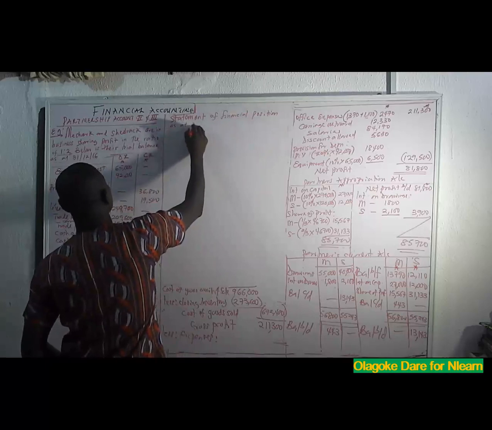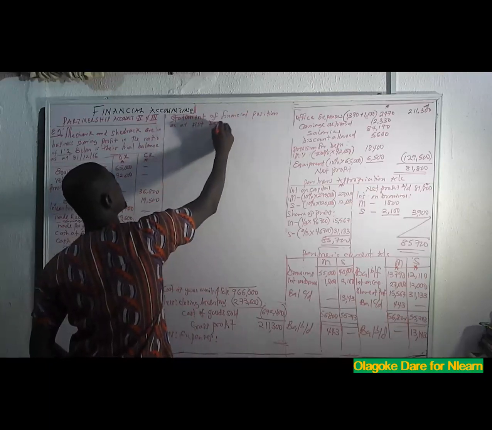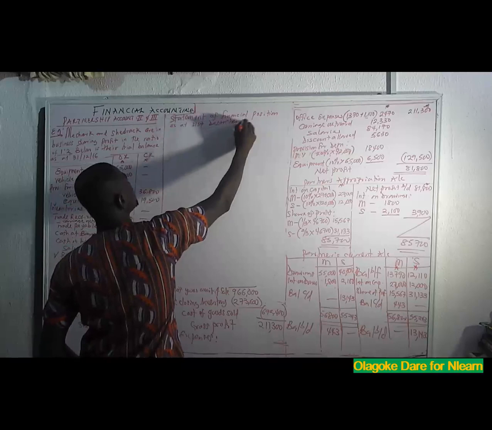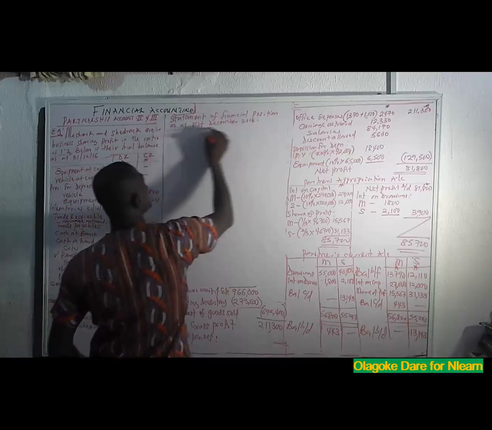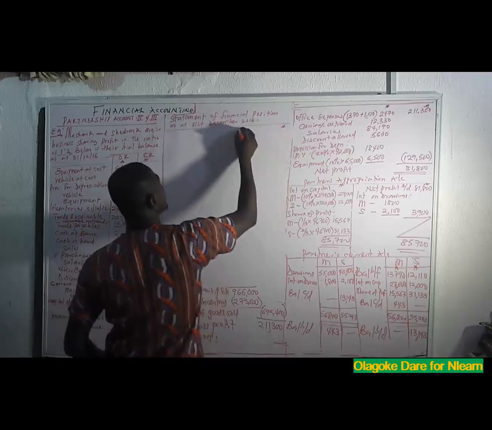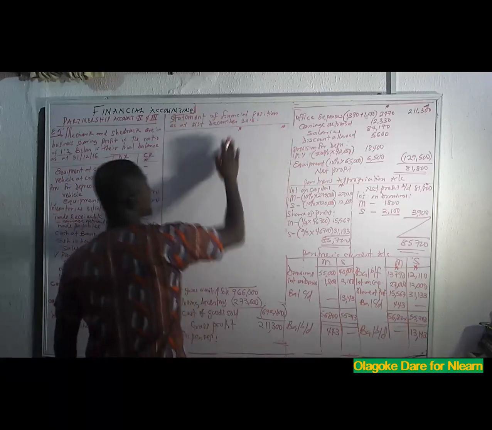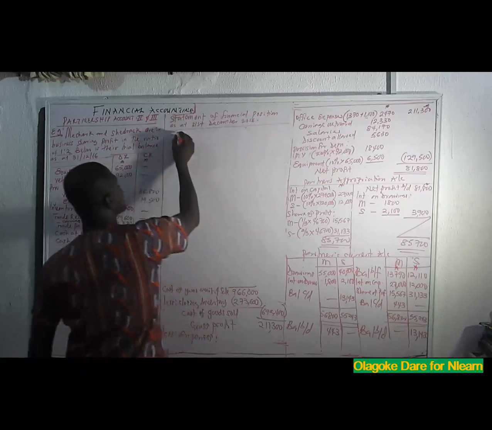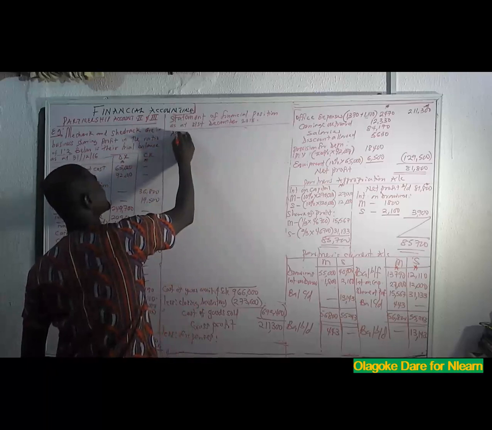As at 31st December 2016, I have it like this. What I'm going to have here is my assets.